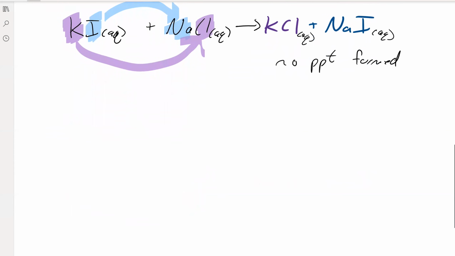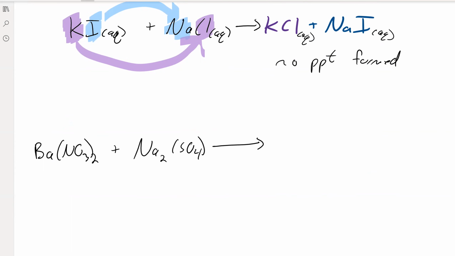Let's take a look at another example. So here we're going to have barium nitrate plus sodium sulfate. And again, what we're going to do is mix and match the cations and the anions.